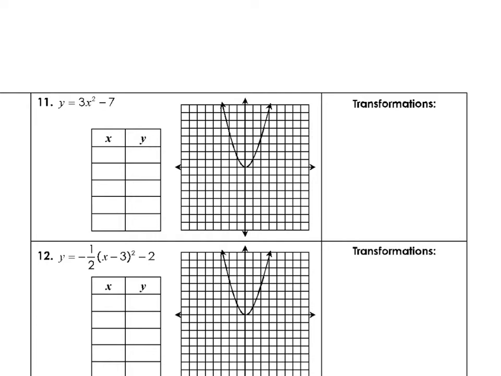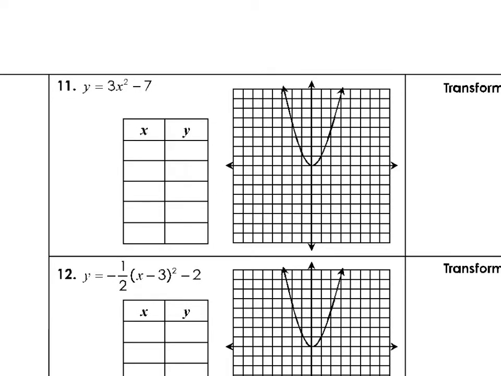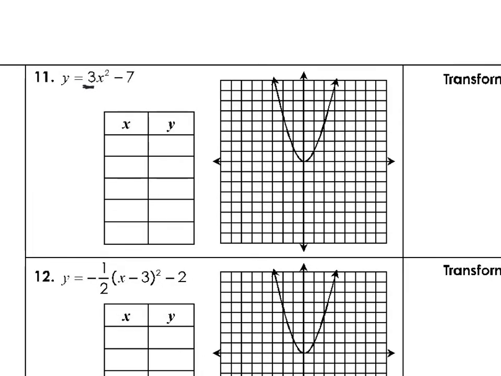Okay, let's look at this one. If you notice on this one, my A is greater than 1. So let's see what happens with these. Let's look at our vertex. I don't have a parenthesis, so that means my x is 0, and then -7 is my y coordinate.